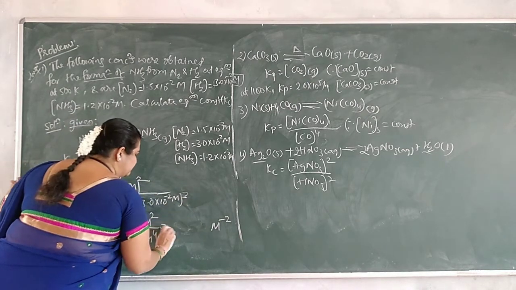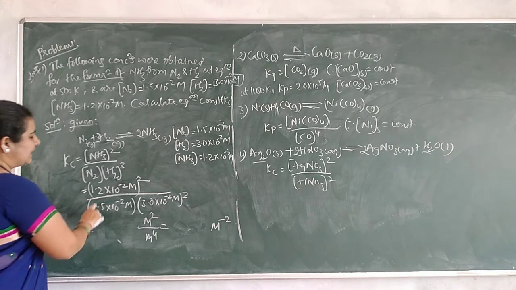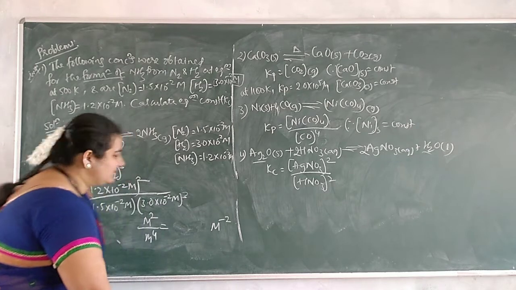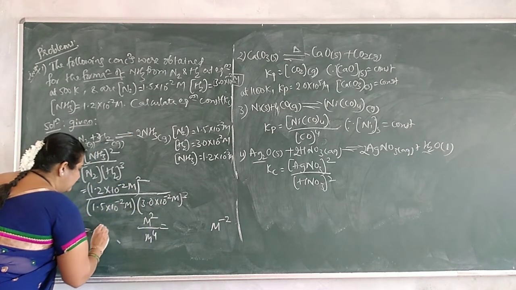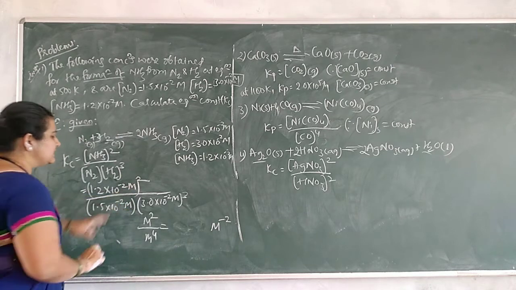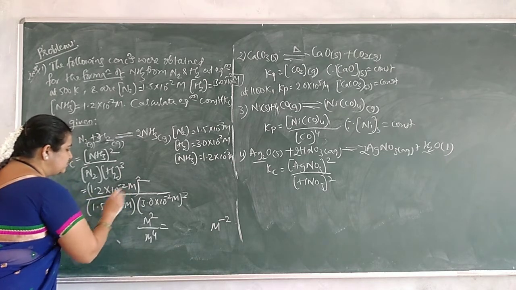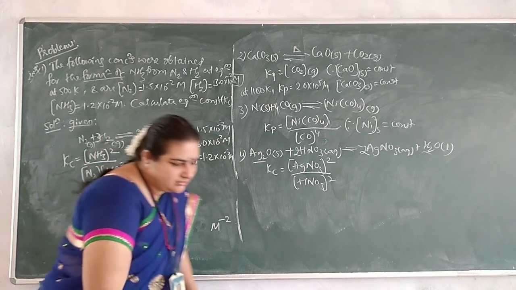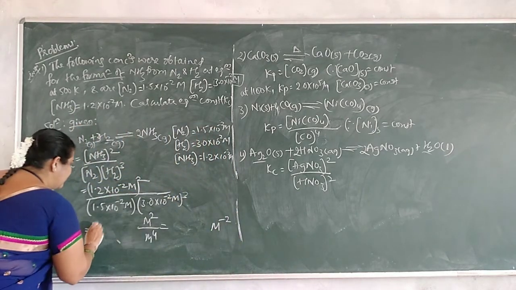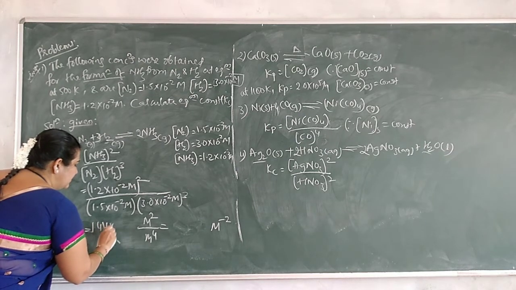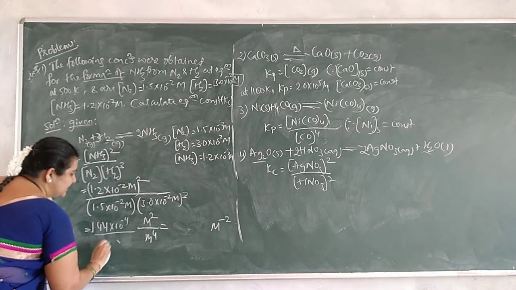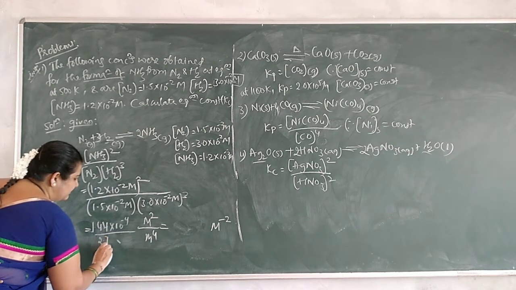Now just substitute the values and simplify. 1.2 square is 1.44, so 1.44 into 10 raised to minus 4 divided by 1.5 into 3, that is 2.7.